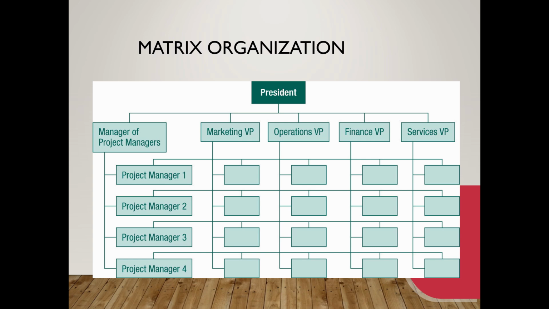This picture that you see is a matrix organization structure where we have a management of projects, under which a lot of project managers work on different projects, and these project managers depend on all these functions like marketing, operations, finance, and services, and all these functions might have their own hierarchy of people from vice president to employees.